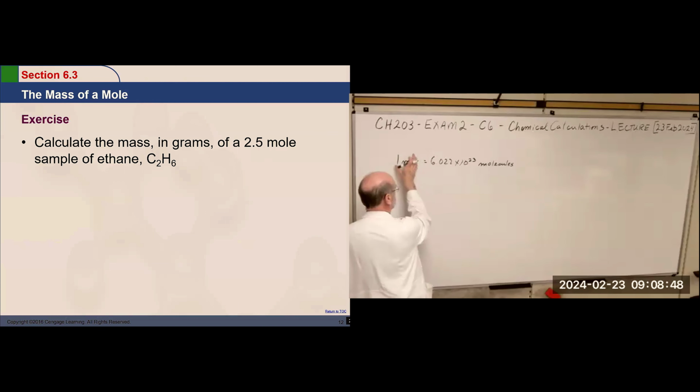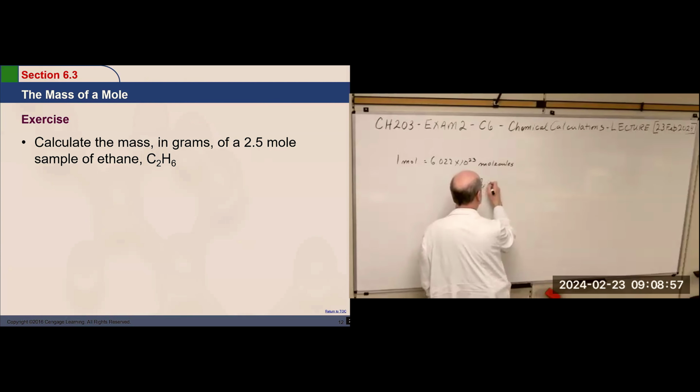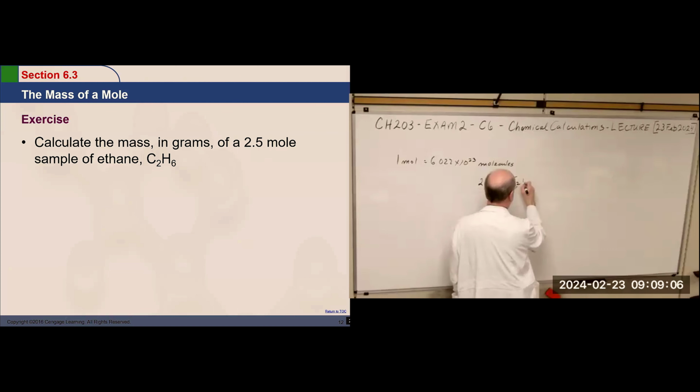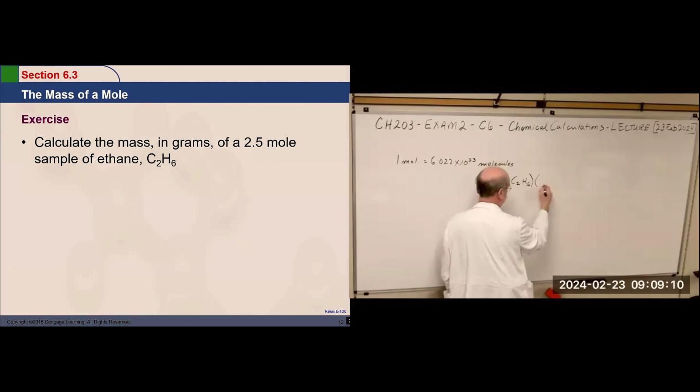So for this problem, what's the mass in grams of 2.5 moles of C2H6, which is ethane? We got moles here, we want grams there, so grams goes on the top, moles on the bottom.